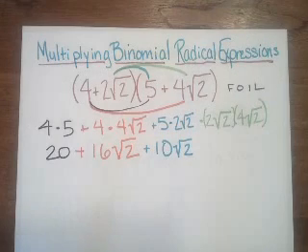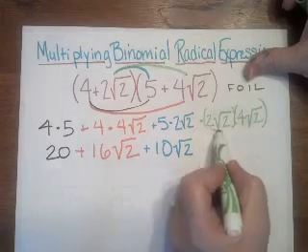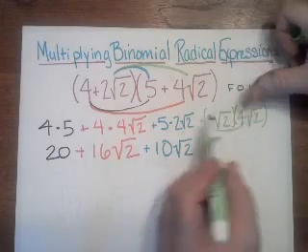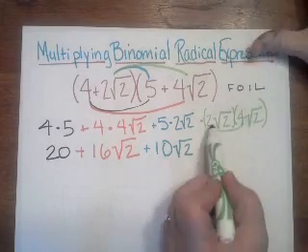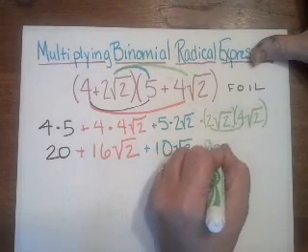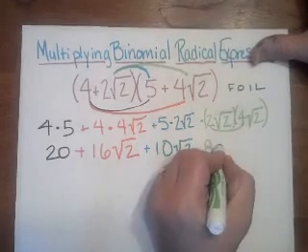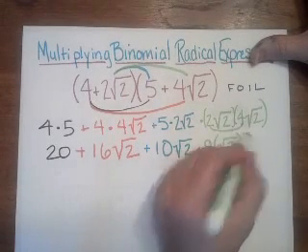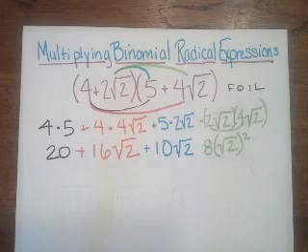And now, this one is where it gets a little interesting. Of course, I can multiply these two together. I can move things around, and the commutative property says I can take 2 times 4 and get 8. But then I have the square root of 2 times the square root of 2, or the square root of 2 squared. And remember, the square of a square root is the number.